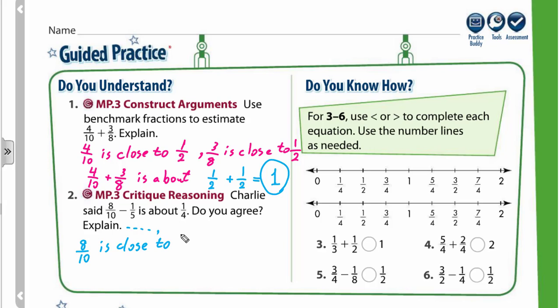You don't remember? Sorry, 3/4. Yes, 3/4, okay. And 1/5 is close to 1/4, great.